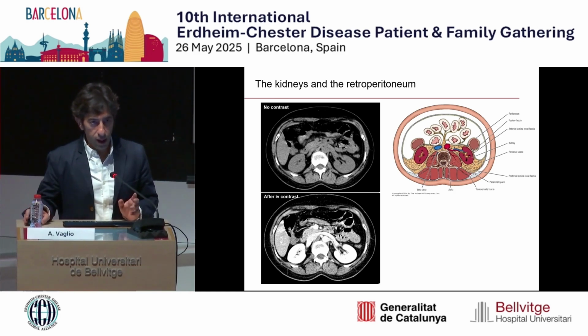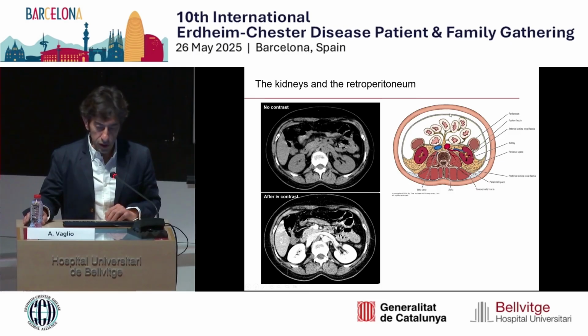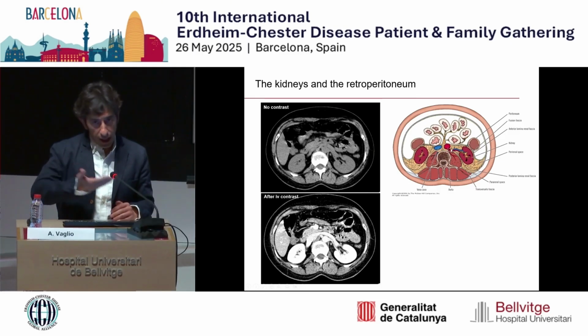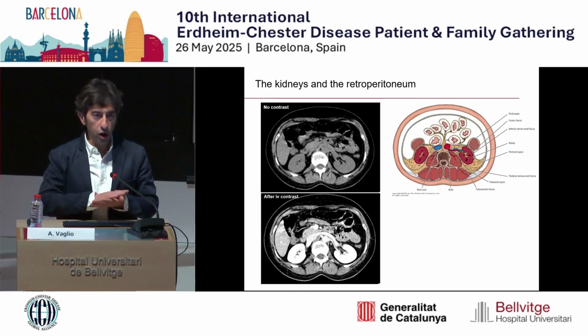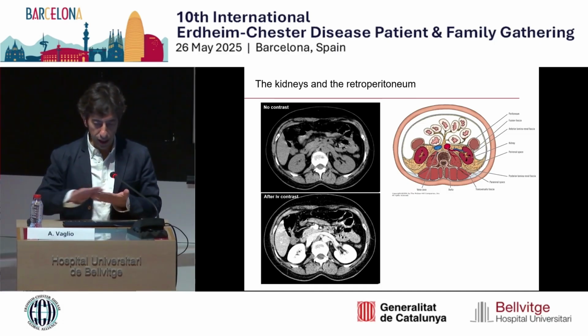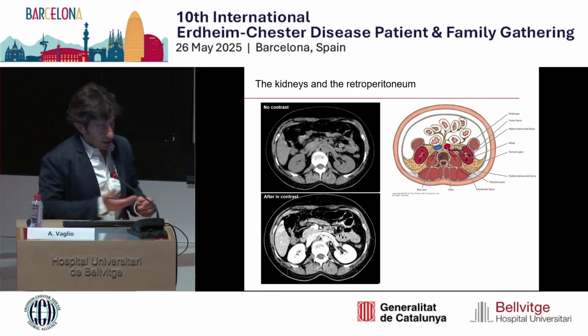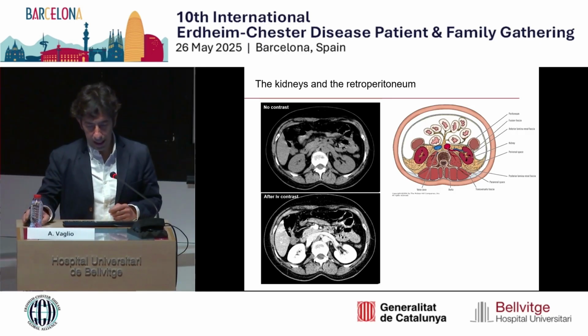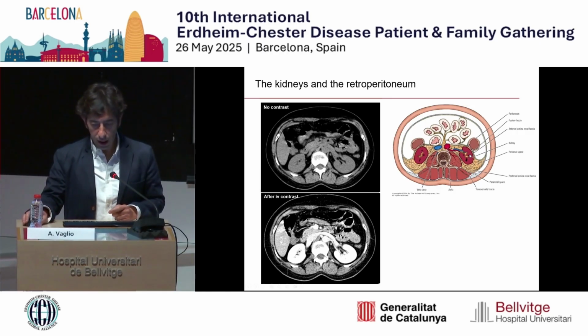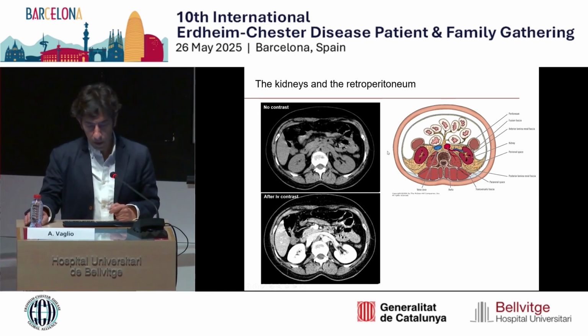We can also see where the retroperitoneum is through this image. This image shows a cut of the abdomen, which is what we call an axial view, meaning this is a horizontal cut. Here you can see the spine, the two kidneys, the paravertebral muscles, and this is the peritoneal membrane. So this space is the retroperitoneum, and the anterior space is the peritoneal cavity where the intestinal loops are.